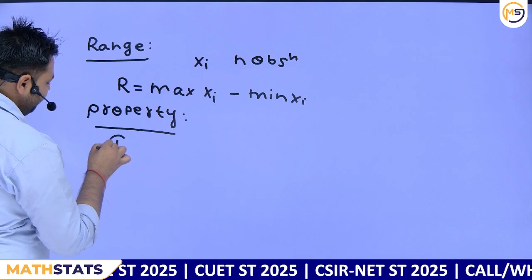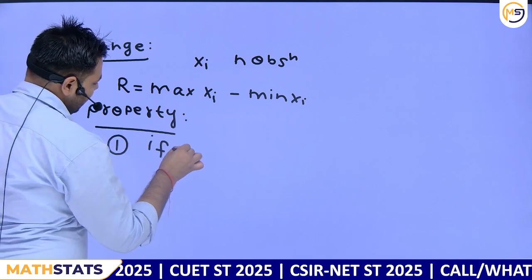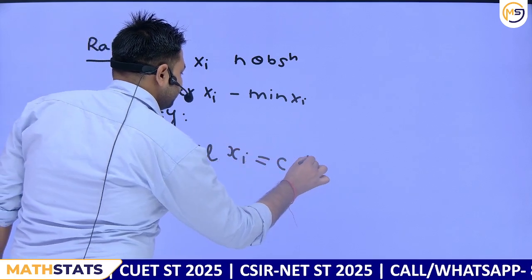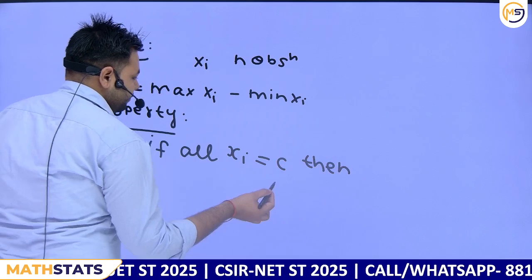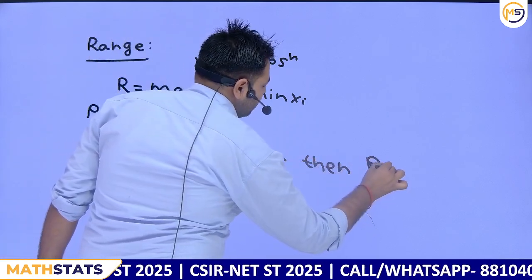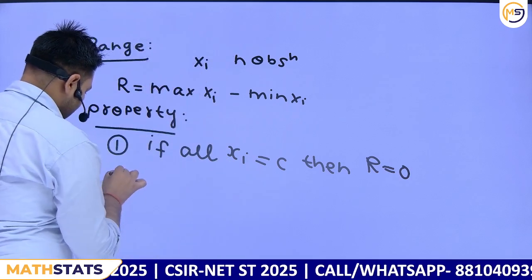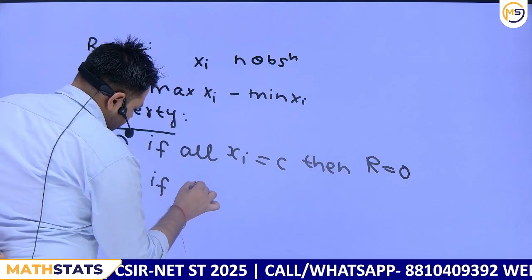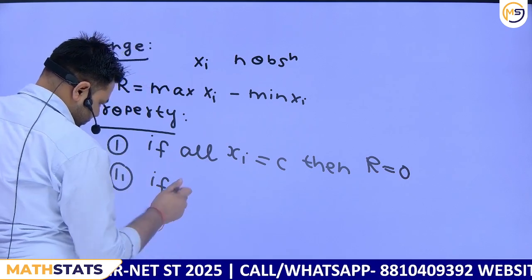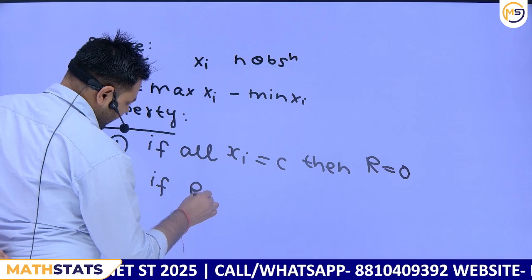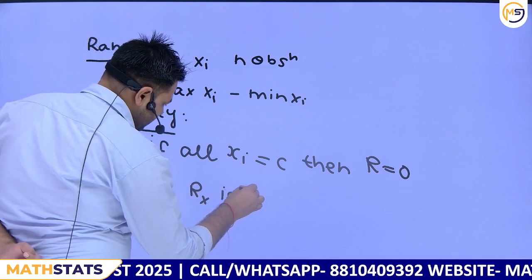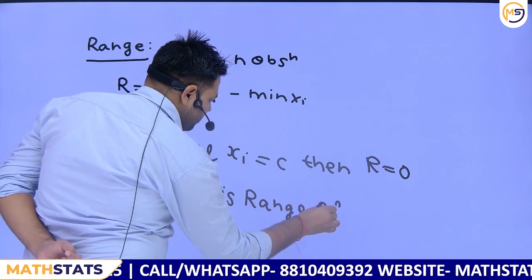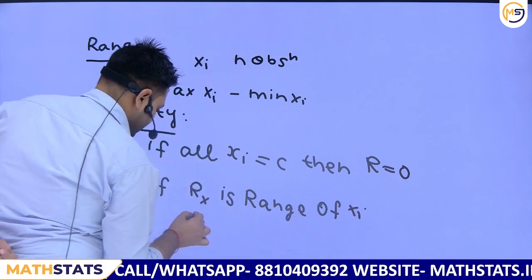First property: if all xi equal c, then range equals 0.